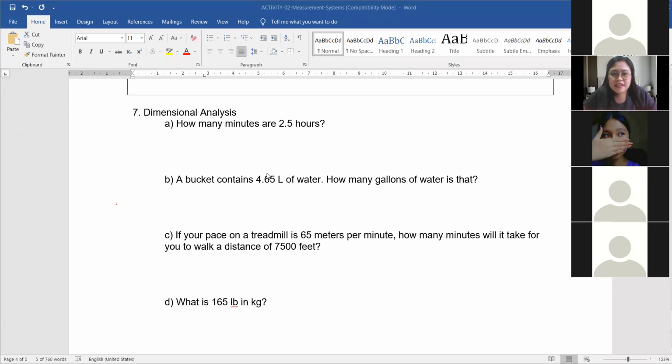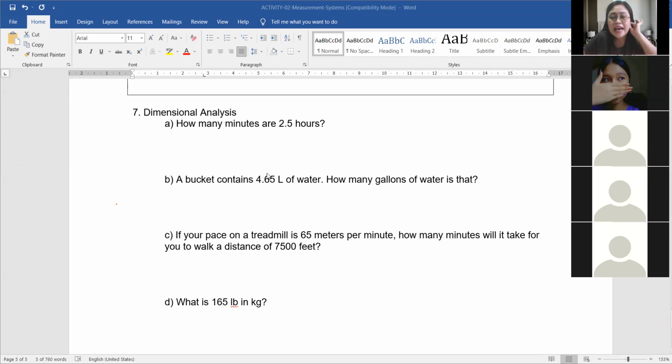And then lastly, this is the last one, dimensional analysis. Pag moingon ka class og dimensional analysis, you are referring to the conversion of units. Like for this one, number 1, how many minutes are 2.5 hours? So from hours, you're converting it to minutes. That's dimensional analysis.